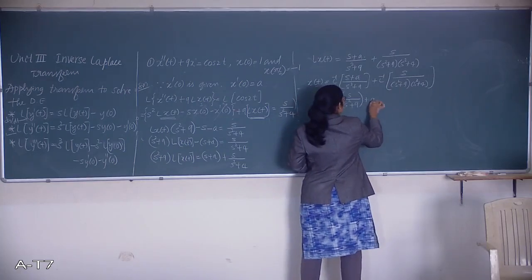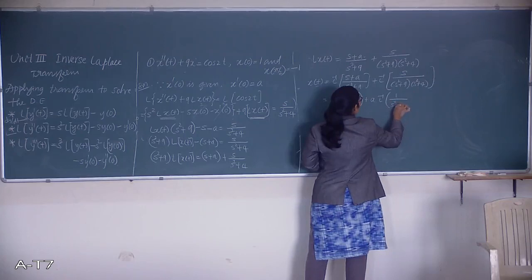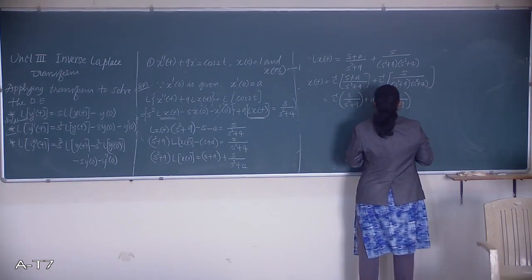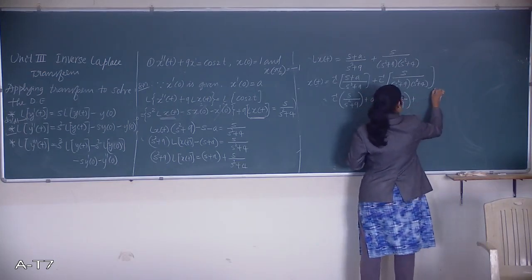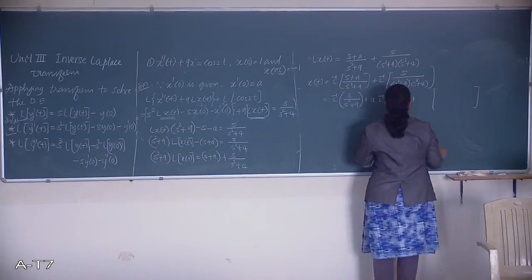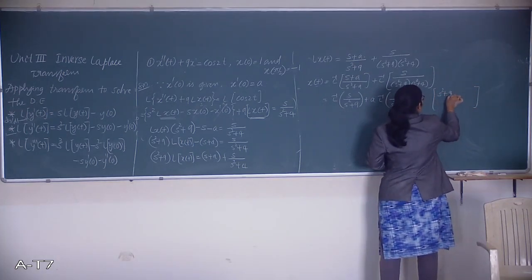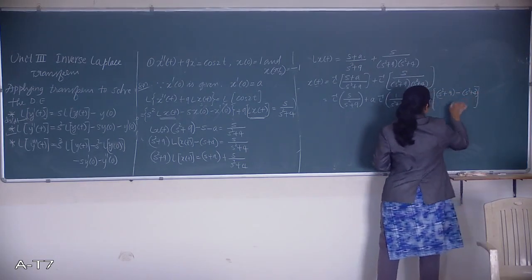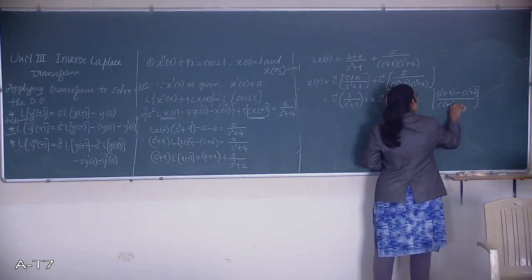Second, a is constant, L inverse of 1 upon s square plus 9. Then here some terms we have to adjust, so that I will write s minus s, shortcut, it is s square plus 4 divided by the same term.